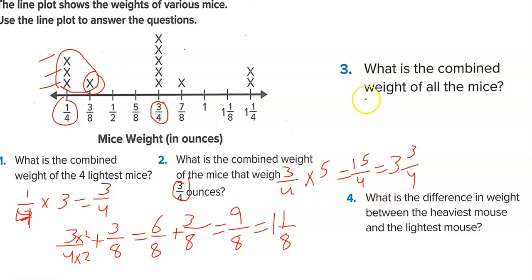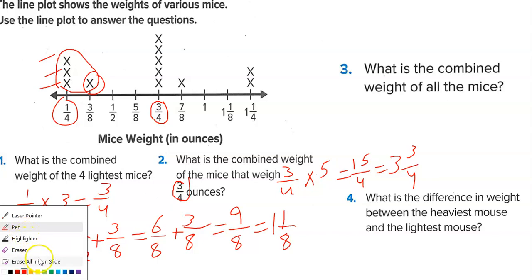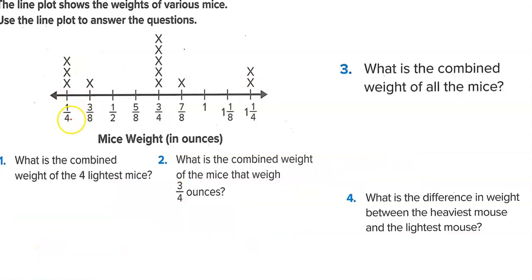Okay? Look at question number 3. What is the combined weight of all? You need to add all of them. I will create a space so we can do it together. Here, how many do I have? 1, 2, 3 of 1/4, so 3/4 plus. Here, only one mouse is 3/8, so 3/8 plus. Here, 1, 2, 3, 4, 5. So multiply 3/4 times 5. We did it here.